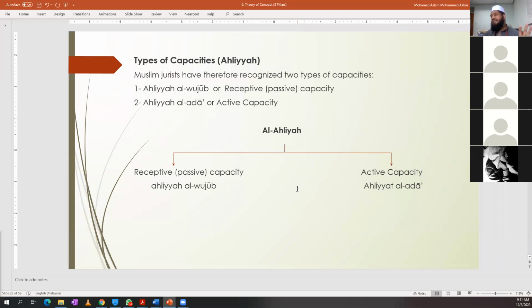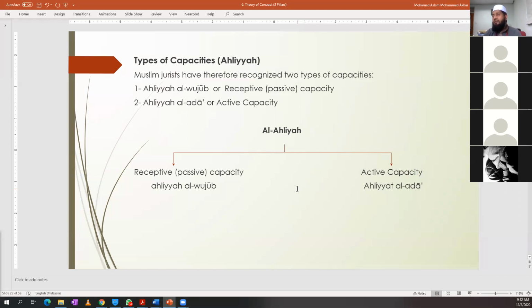Now, let me start giving you an example of incomplete receptive capacity. It's the fetus. You know the fetus, right? The baby inside the womb, the baby who didn't come out. Start from there. The fetus is the example for incomplete receptive.